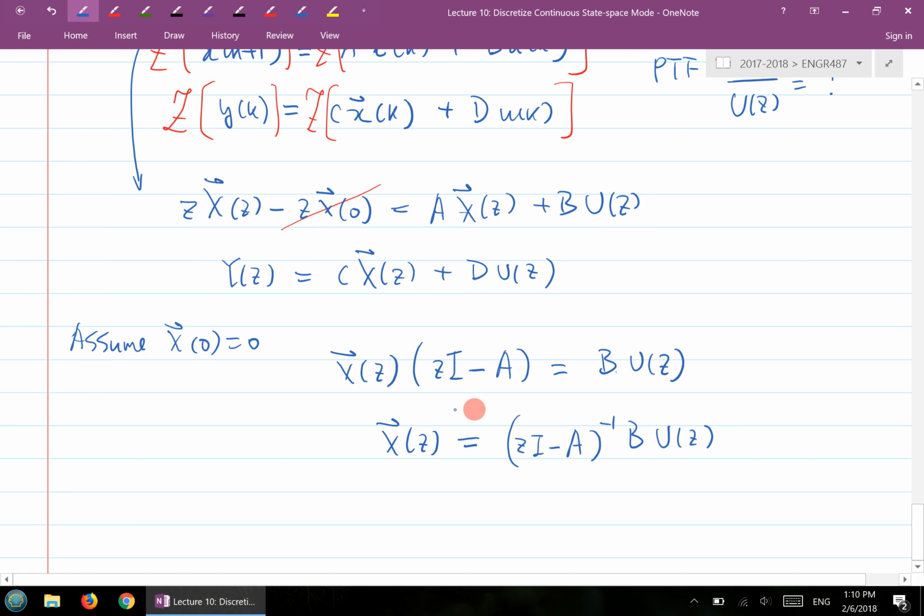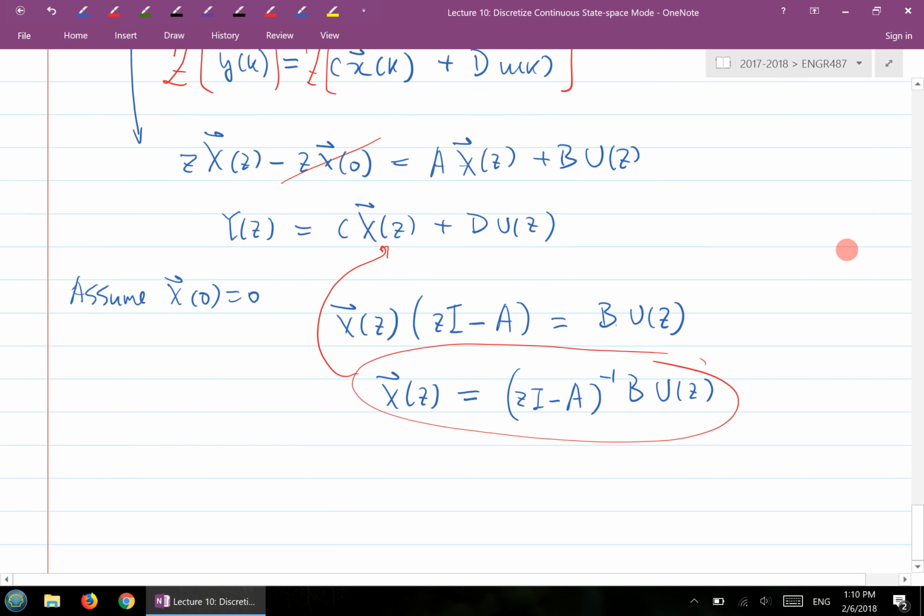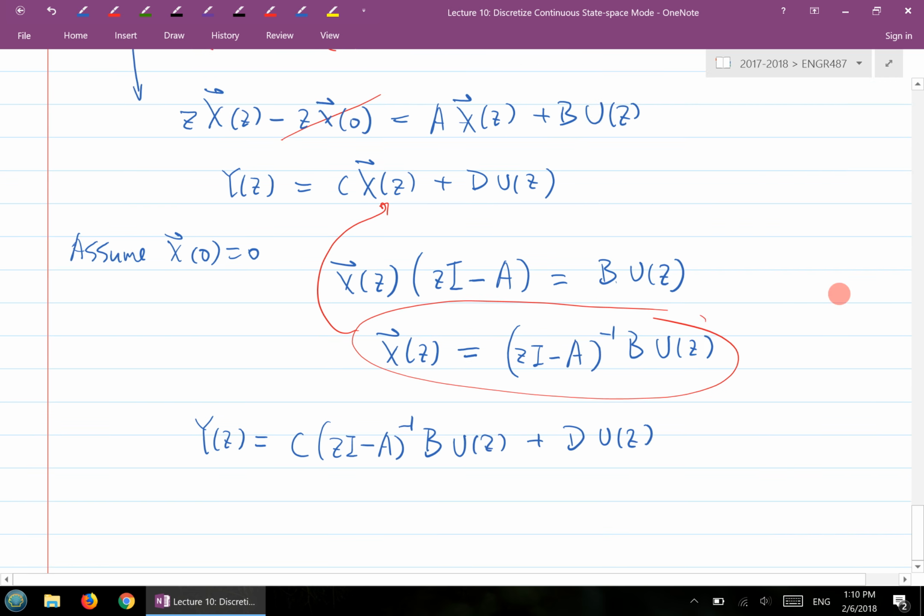Once you get your X(z), replace it inside this output function Y, and that gives us Y(z) equal to C times (zI minus A) inverse B U(z), and then plus D U(z). All right, almost there.